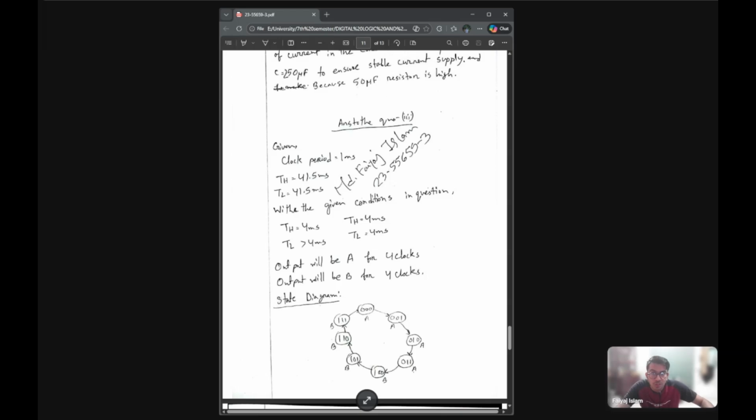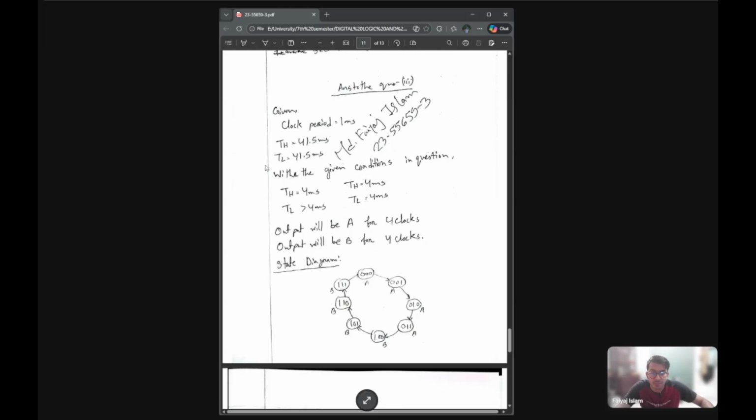For the control logic, I developed a finite state machine, FSM. Due to the specific constraints of the assignment, the timing was normalized to Th equal to 4 microseconds and TL equal to 4 microseconds.